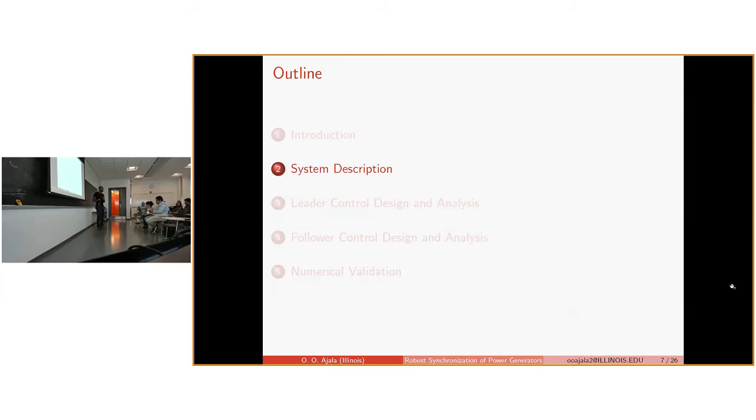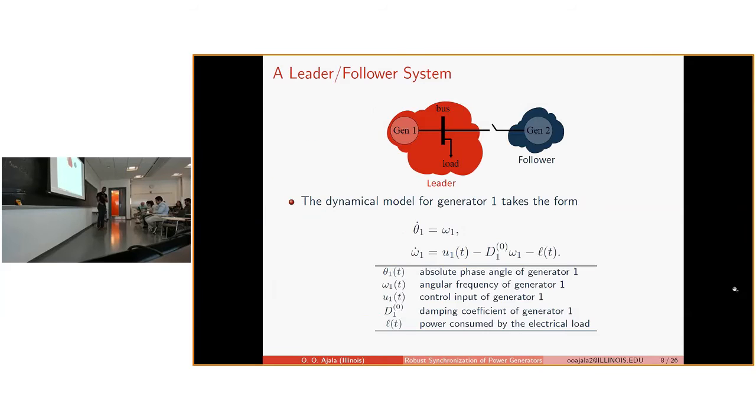Okay, now I'm going to talk about the system that we'll be looking at in more detail. So the leader-follower system. The dynamical model for generator 1 takes the following form, where theta describes the absolute phase angle of generator 1, omega describes the angular frequency of generator 1. u1 is the control input.